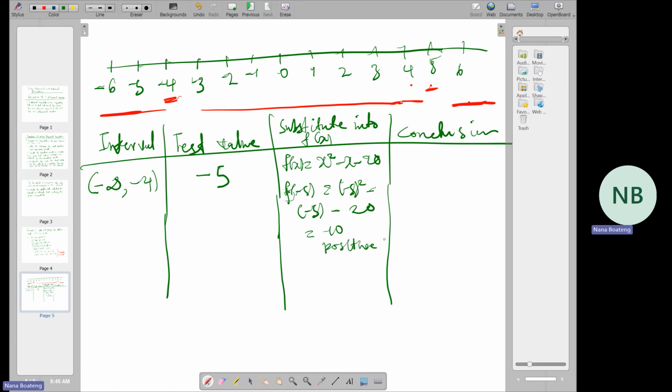So it means f of x is greater than 0 for all x in the interval minus infinity to -4.